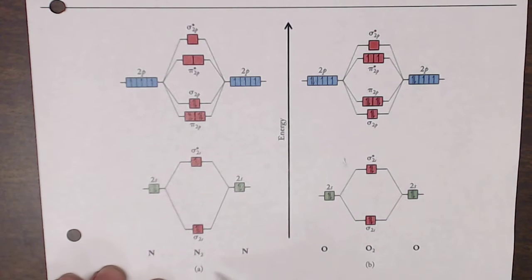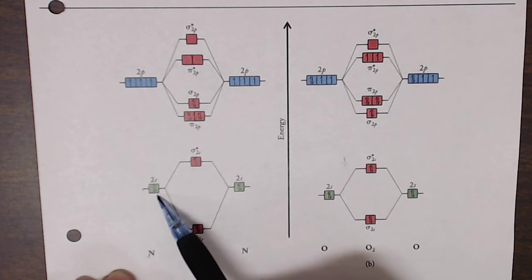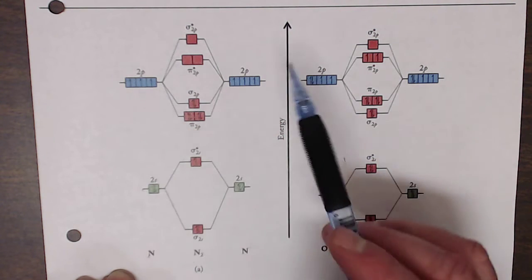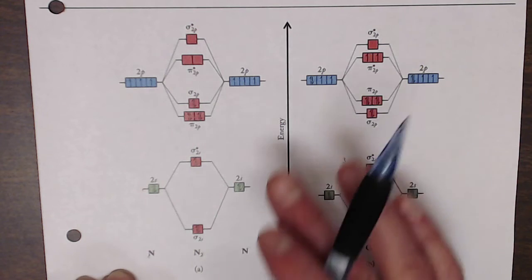Okay, so here I've got the nitrogen molecule N2, and here I've got the oxygen molecule O2. And you can see on the left and the right of the diagrams, the atomic orbitals are described. And recall for nitrogen, its valence electrons would be 2s2, 2p3, right? And we also have the 1s molecular orbital available, but it hasn't been shown here.